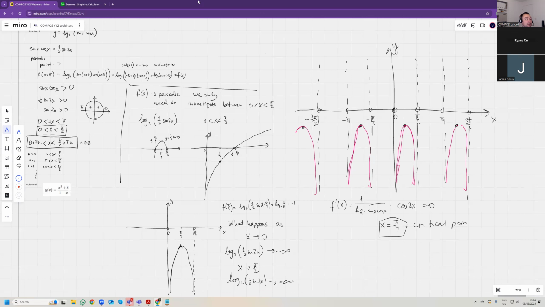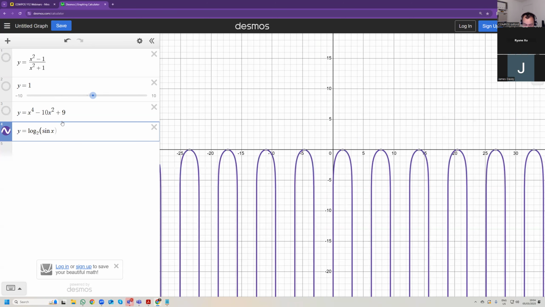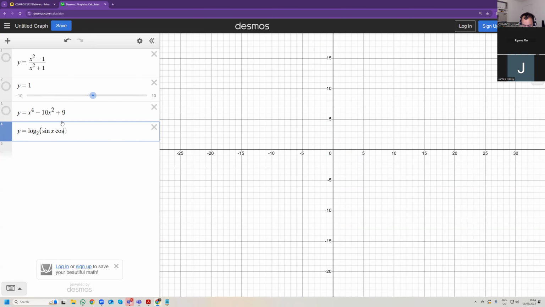And let's see if that's accurate. Y equals log base 2 of sine x cos x.